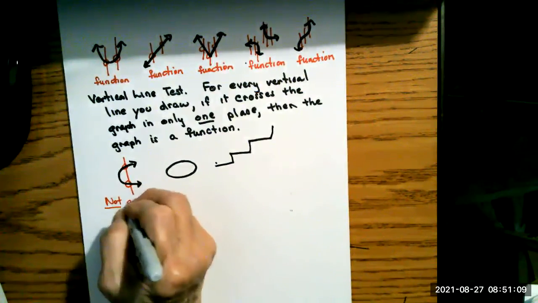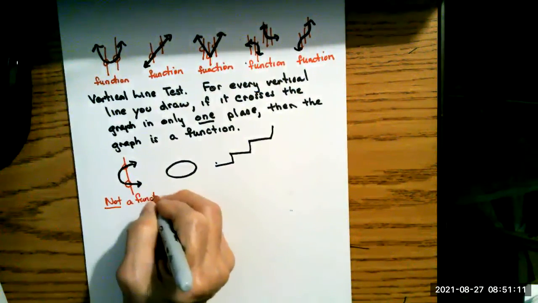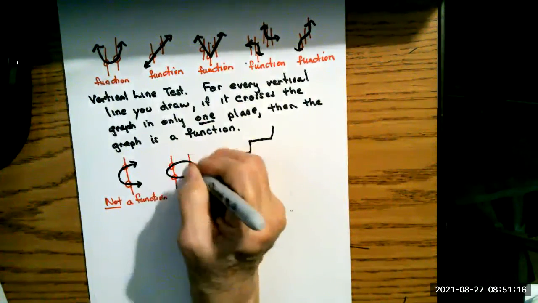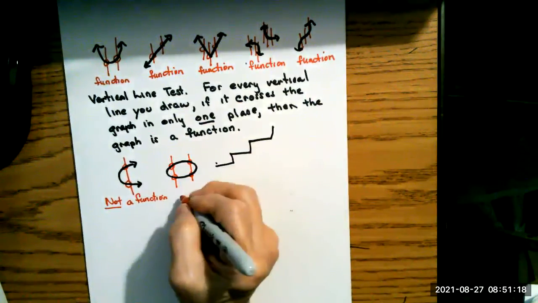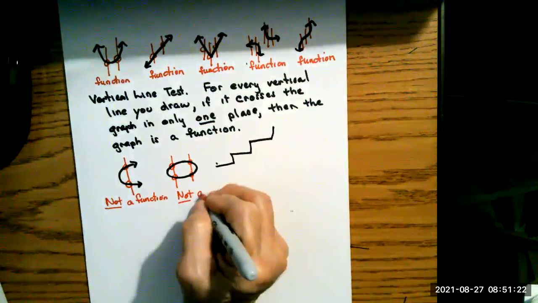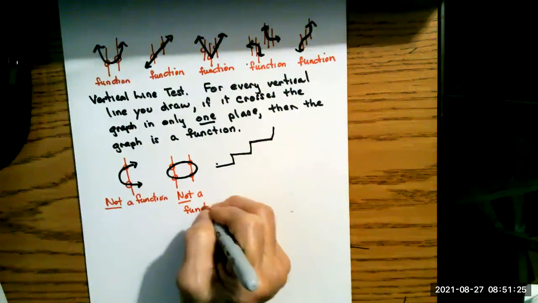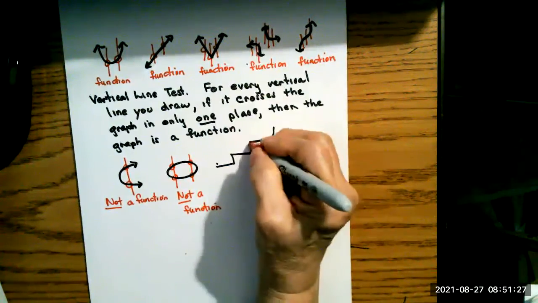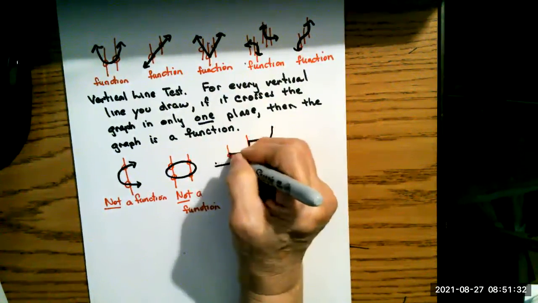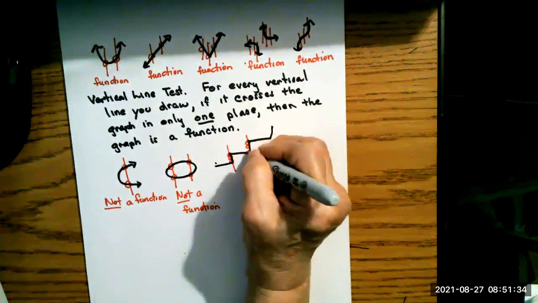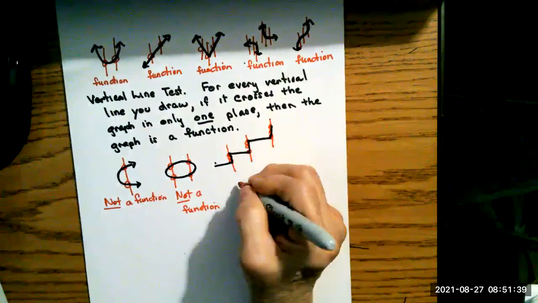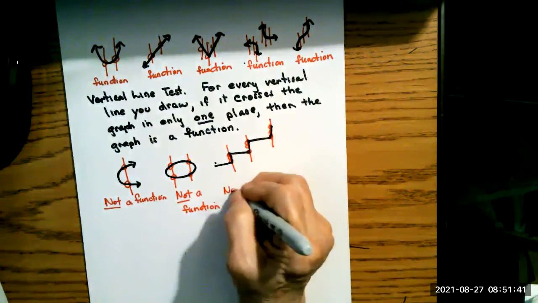So this one's not a function. On this one, for every vertical line that I draw, and I only need one, I can see that it's crossing in more than one spot. So it's not a function. And if this is straight up and down right here, then I can see that there's a bunch of places that this is crossing. So this one is not a function.